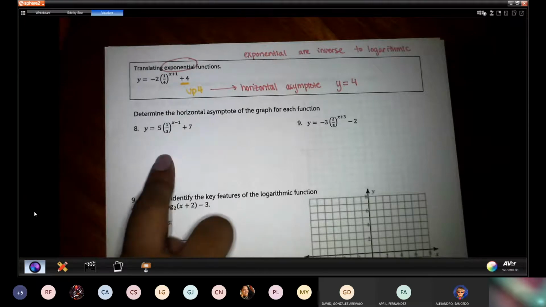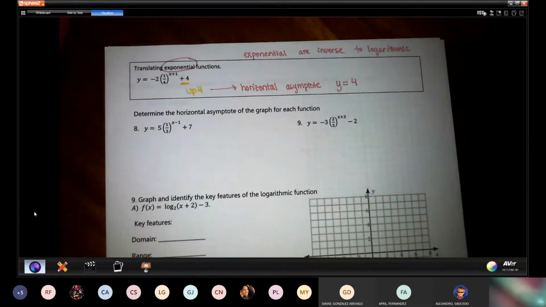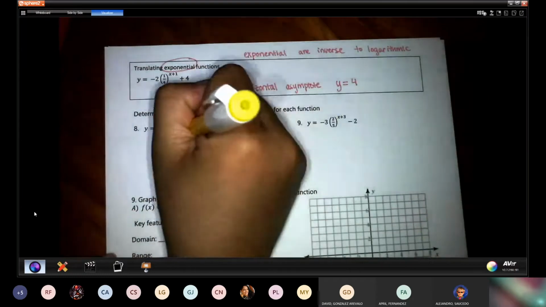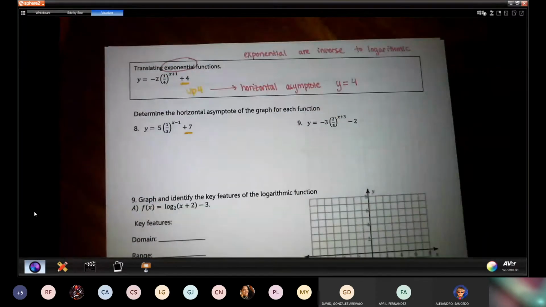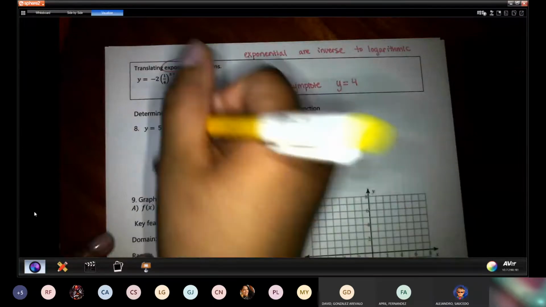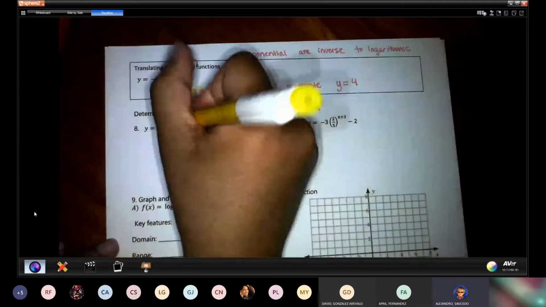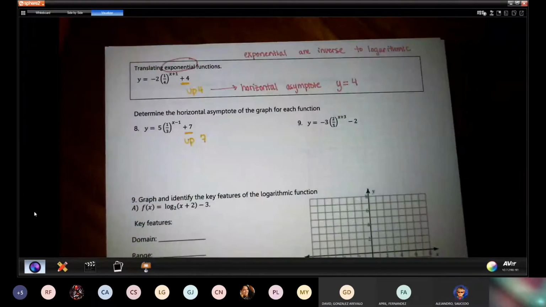All right, so let's try it with this one. Real easy. What does this make it? What's our transformation? Up 7. Up 7. Good. And so if it's up 7, then what's our horizontal asymptote?